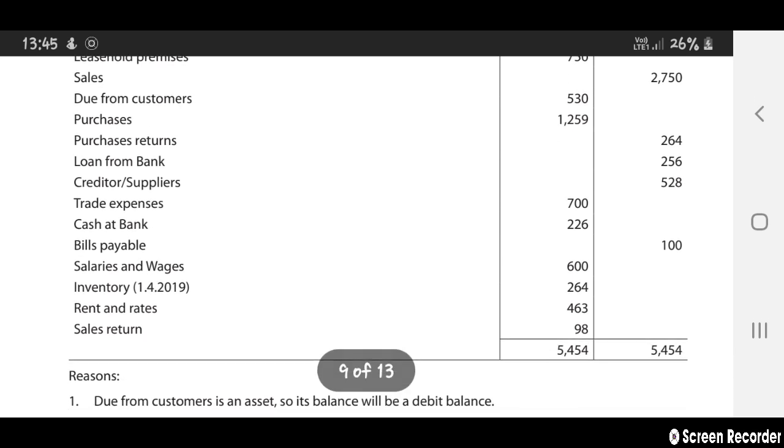So in total, 5454 on the debit side and 5454 on the credit side.